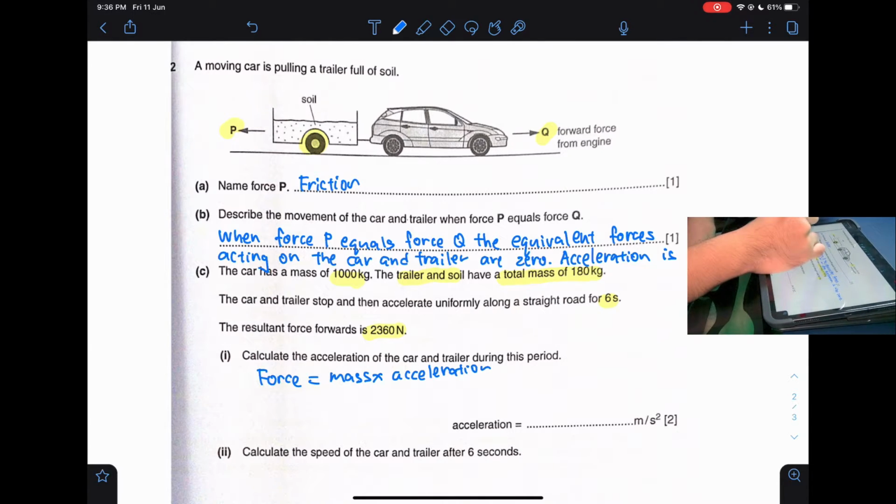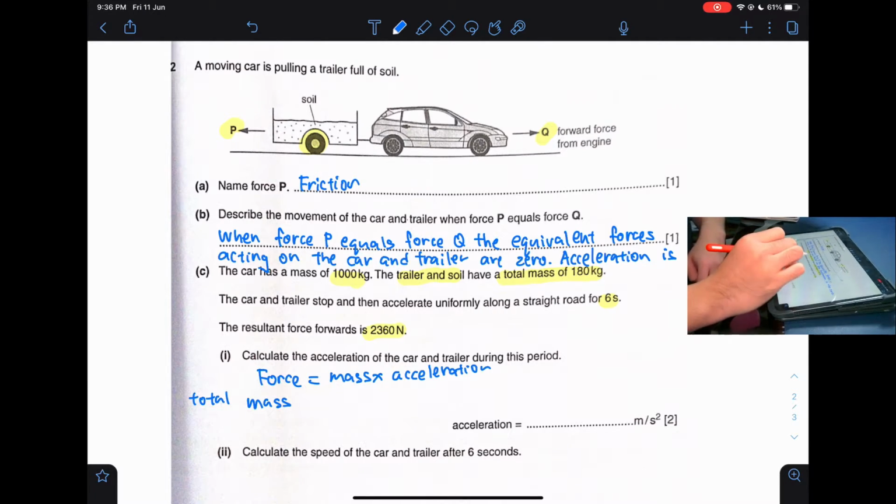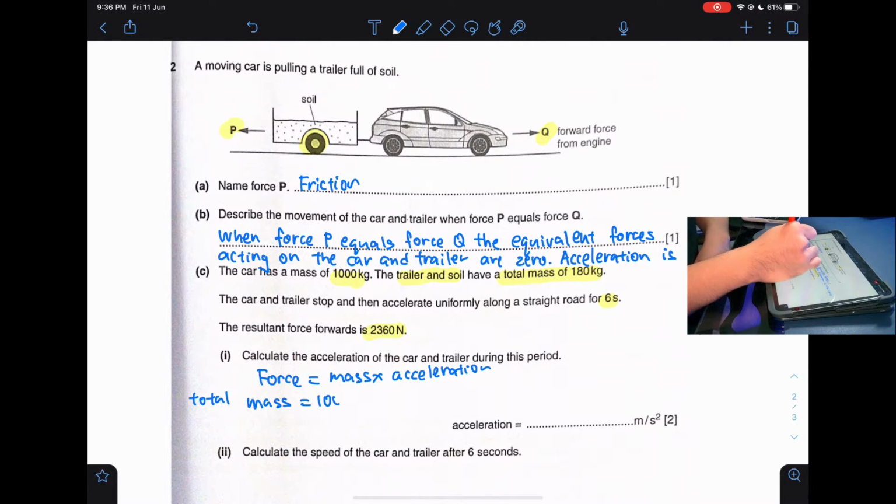So first we need to find the total mass of the car, trailer and soil, which is 1000 plus 180 kilograms, which is 1180 kilograms.